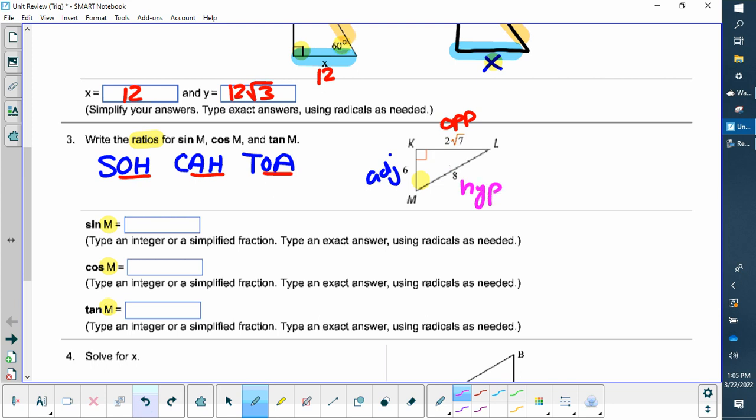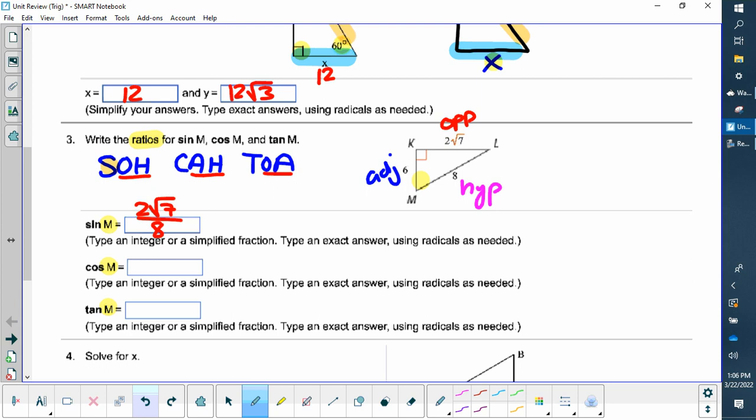Okay, when it says sine, the SO part of SOHCAHTOA tells me it's sine. And the O and the H, if I look up there in my diagram, the only names up here that have an O and an H in it are opposite and hypotenuse. So the OH tells me it's opposite over hypotenuse. Okay, so I'm going to do 2 times the square root of 7 over 8.